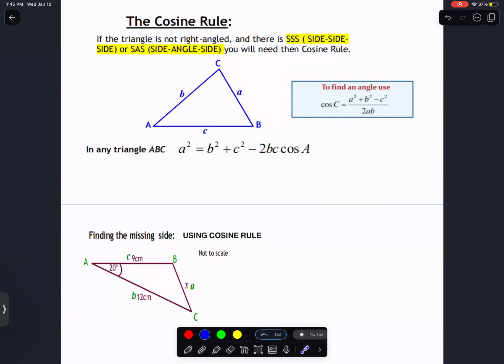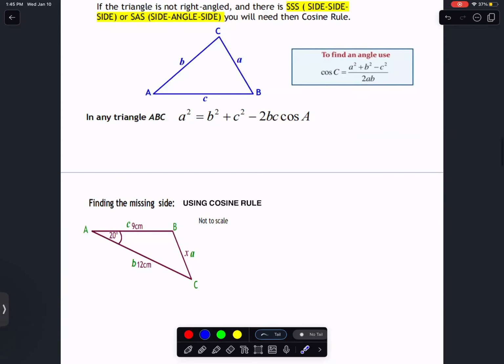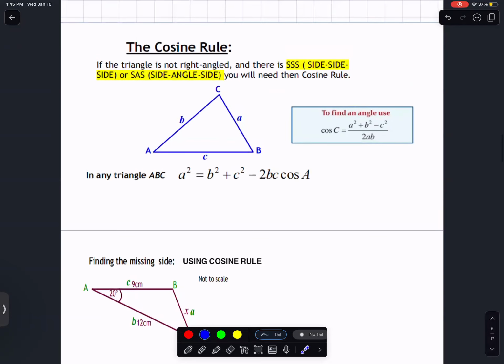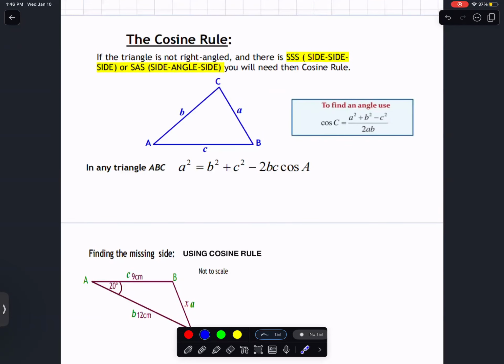Please take note, it is not applicable for any triangle that has to do with 90 degrees. So we don't apply our cosine rule to a 90 degrees angle. So it's only applicable when you are given three sides of a triangle or two sides and one angle given. So how do we apply this?